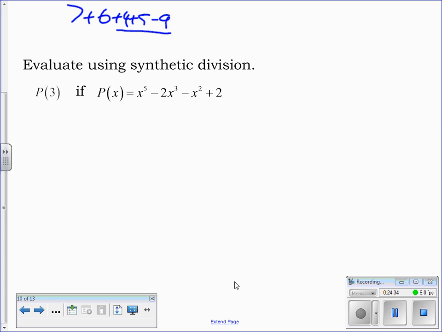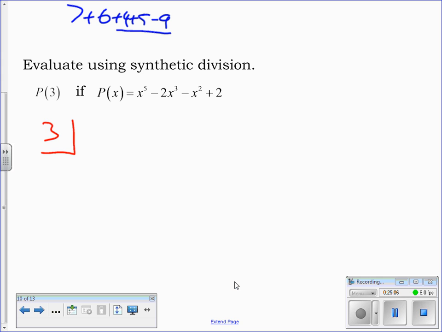All right. So I can use synthetic division. It's set up nearly the same. If I want to find out what p of 3 is, and p is this function, I set it up nearly identical. The only difference is I don't change the number here. I don't change the sign. I put in what I'm evaluating it at. I'm evaluating at 3. I put 3 in here. I do not put -3.